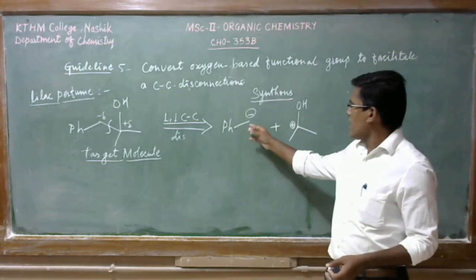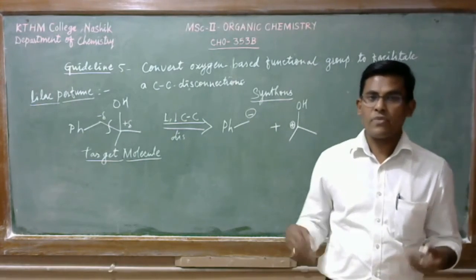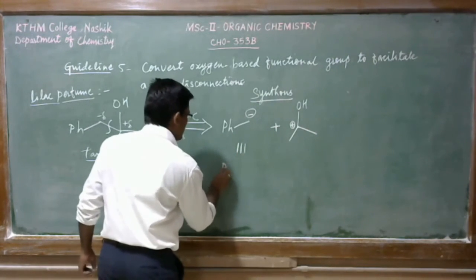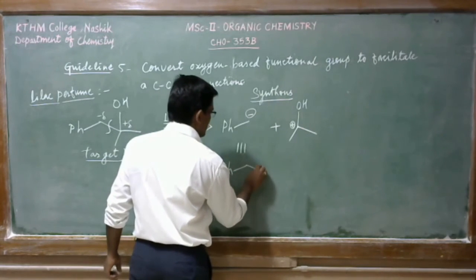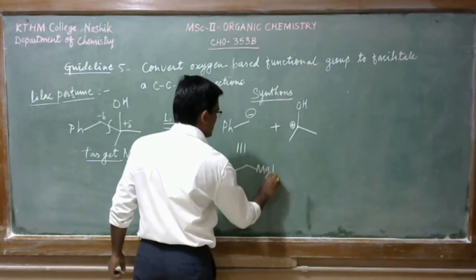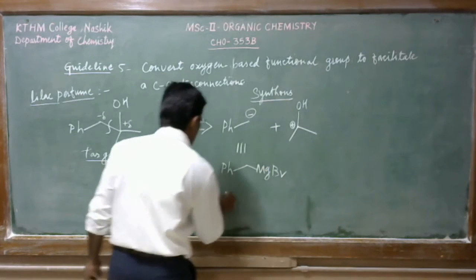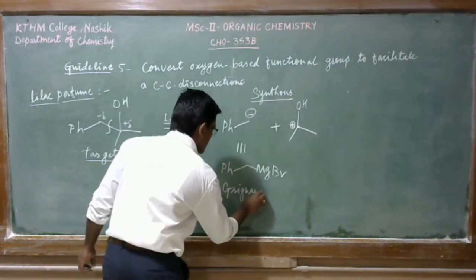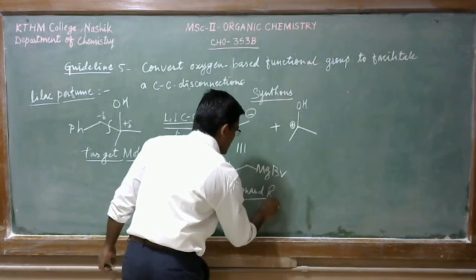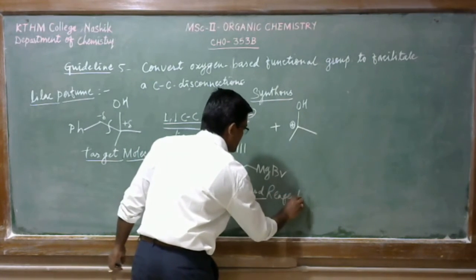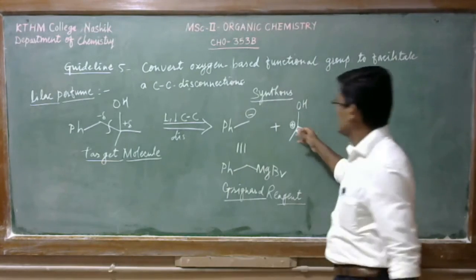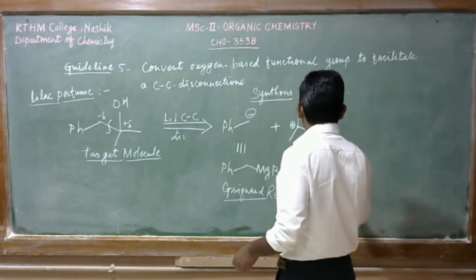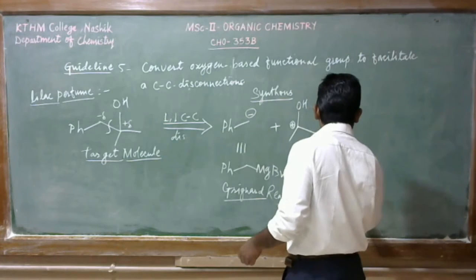Okay. This carbon is having a negative charge, so let us translate this synthon. It could be a Grignard reagent, and the other synthon can be translated to a carbonyl compound.